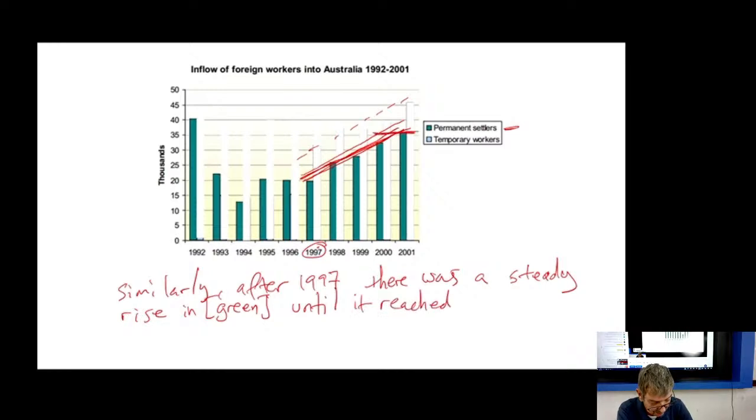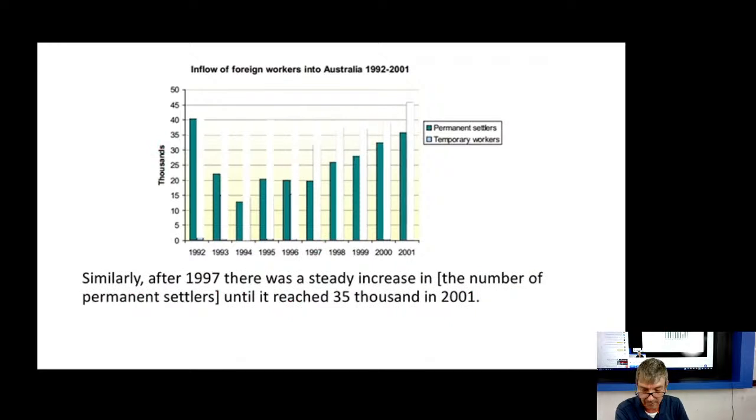So we're looking again at the value. So what value do we have? So what did it reach? It reached about 35,000. Right, so that's done.